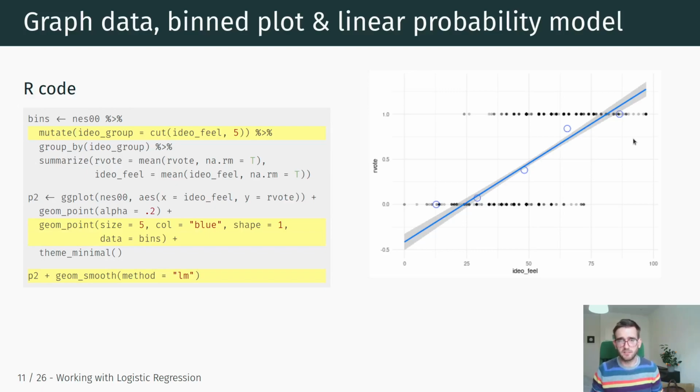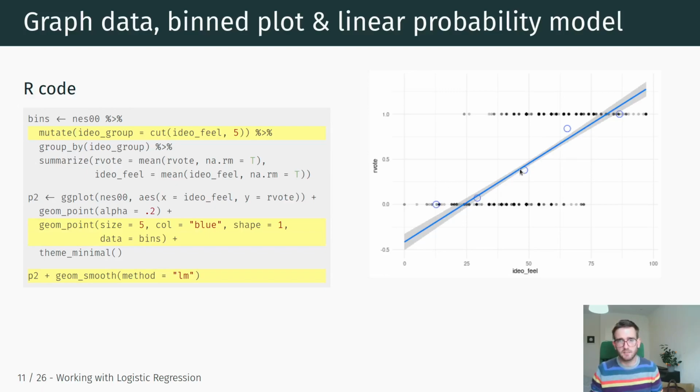Obviously we cannot interpret that conditional expectation as a probability anymore, because probabilities are bound between 0 and 1. So the linear probability model is limited, because there are ranges in our predictor where the prediction falls outside of the range of values that we would like to predict. So we're not capturing the underlying data generating process.